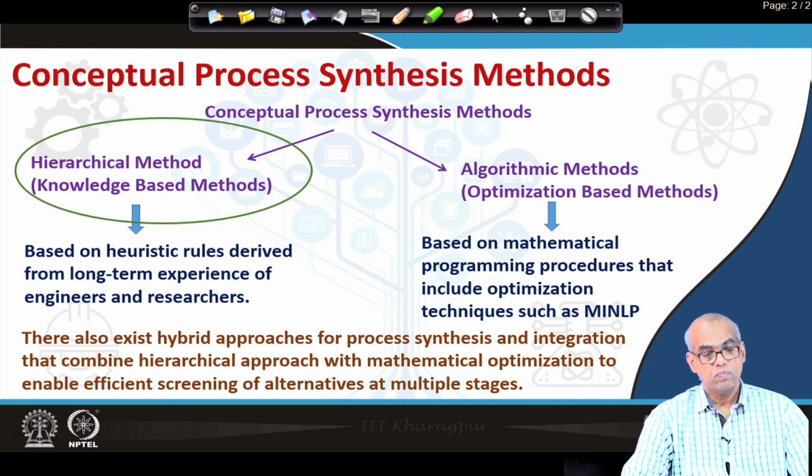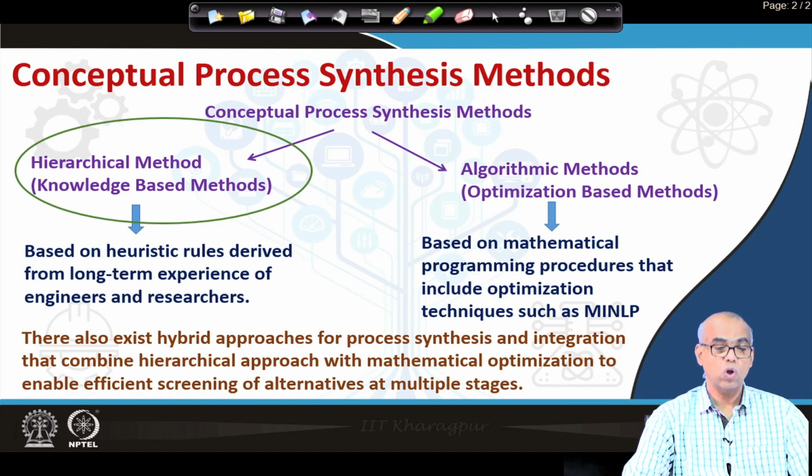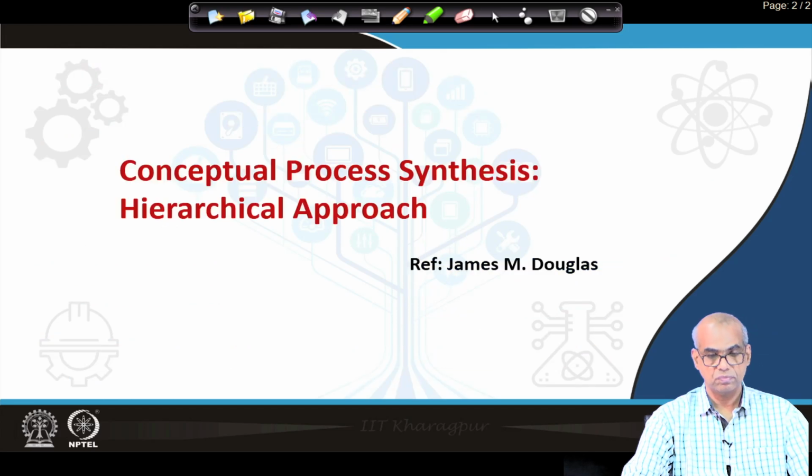In this module, we will talk about hierarchical method in detail and very briefly outline the algorithmic methods. So, we will mostly focus on hierarchical method or knowledge based method.